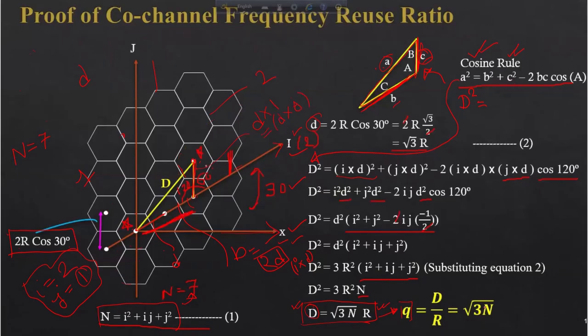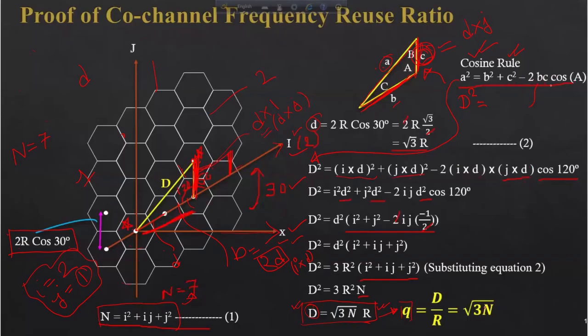So c is equal to d into j, and instead of c square, we can write j into d square. I hope you are getting my points. Now minus 2, instead of b, we are writing I into d. Instead of c, we are writing j into d.